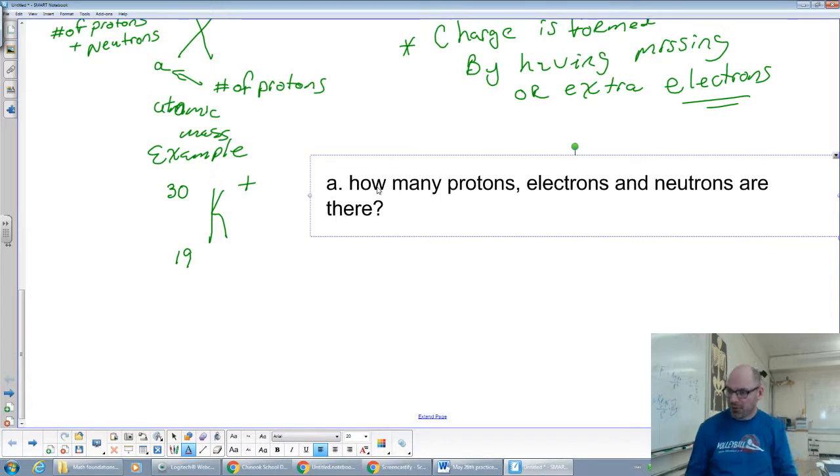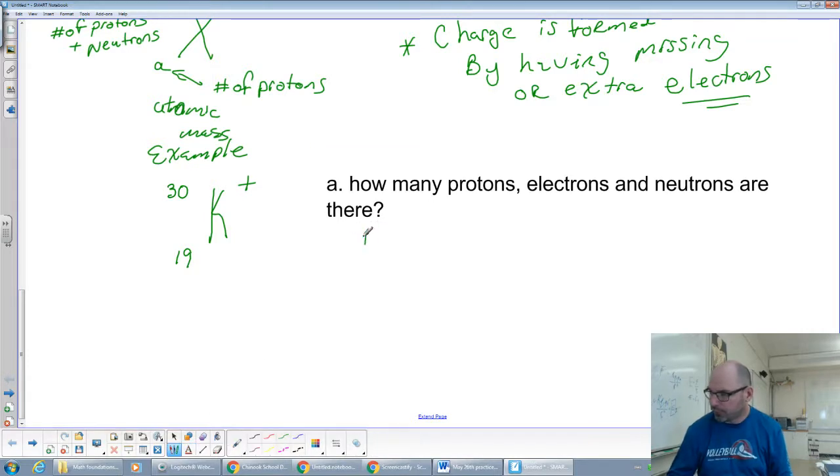Protons are always the bottom number, so protons equals 19. The top number is the protons plus the neutrons, so protons plus neutrons equals the atomic mass.